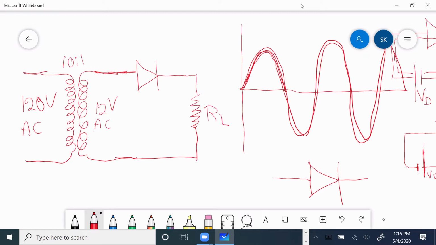Let's see what happens. So when that point goes positive, when it starts from there, all the way there and all the way there, the same I can see there. Why? Because that voltage is positive, and this diode will conduct, and there will be current I, and this I through this resistor will give me a voltage with respect to ground.